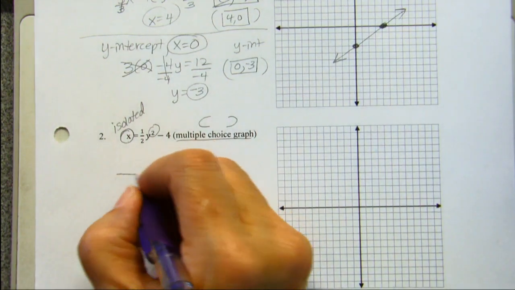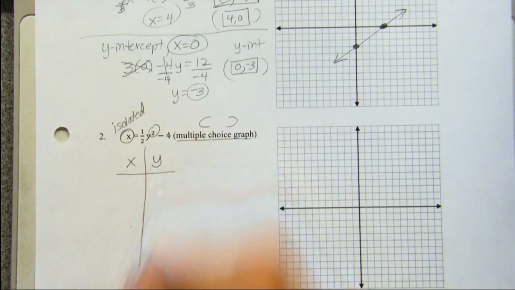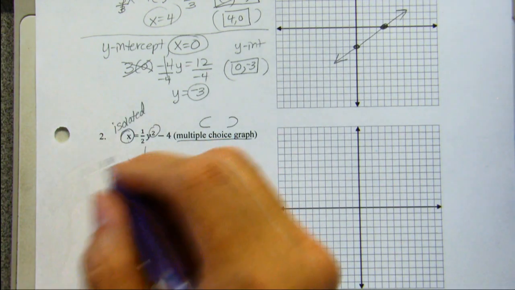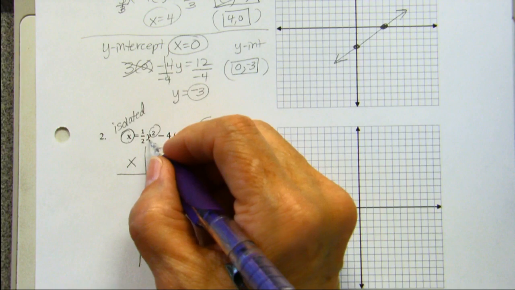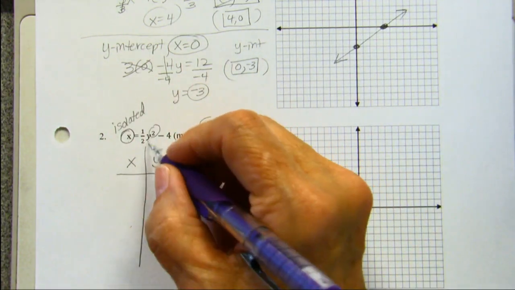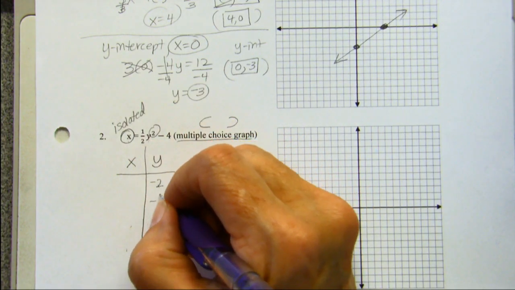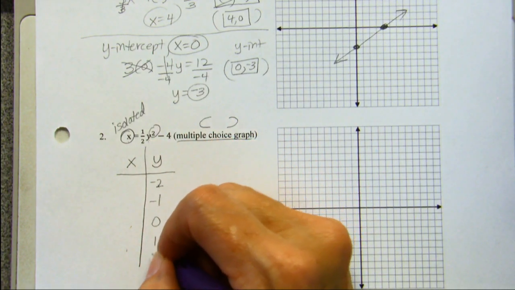Okay, so when I make my XY table, I am going to pick values for y, because then I can plug in my y numbers and solve for x. So negative 2, negative 1, 0, 1, 2.